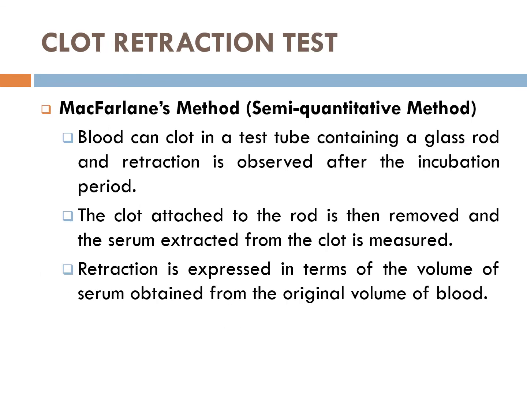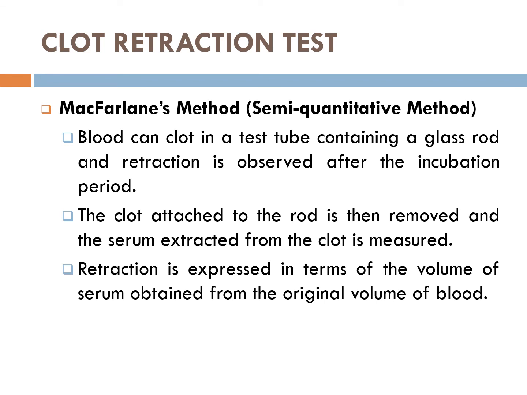Another method for clot retraction test is what we call the McFarlands method. This is a semi-quantitative method, and in this procedure you are still going to collect blood using a red top tube that is made of glass, and then you have to place an applicator stick in the tube, and then you have to incubate the sample.